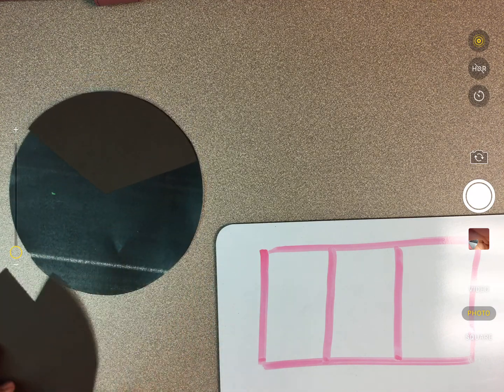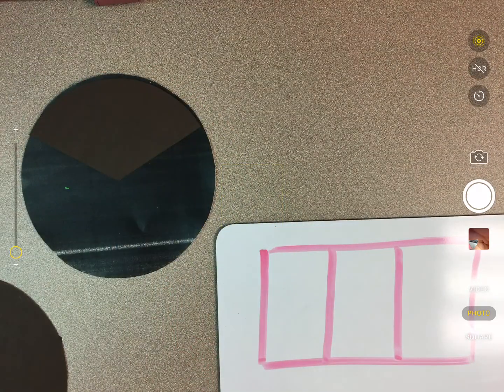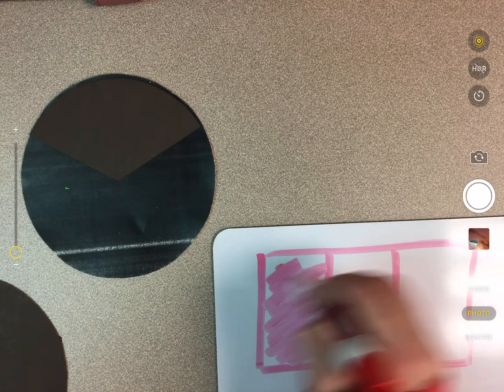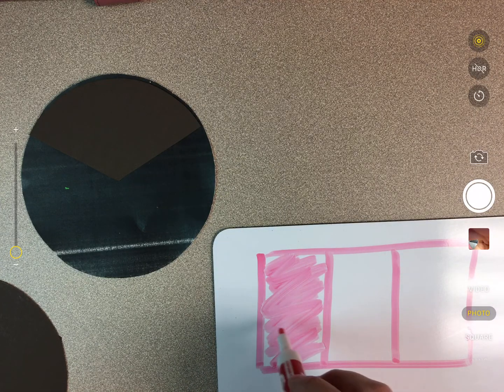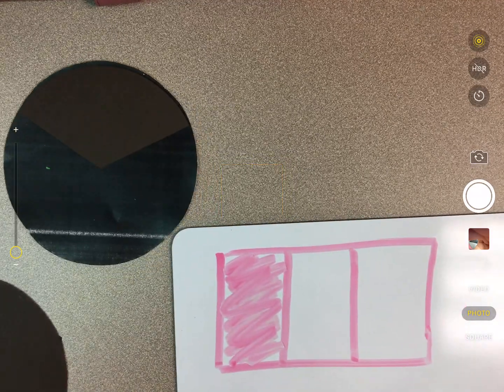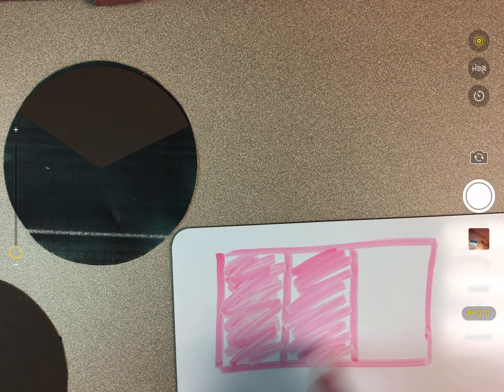I would need to show 1 brown because that is one of the 3 browns to make my whole, and I would need to shade 1 of my 3 pieces because that is one of my 3 whole pieces, right? Right. Okay, good job, 3rd and 4th graders. All right, so what if I were to shade another box?